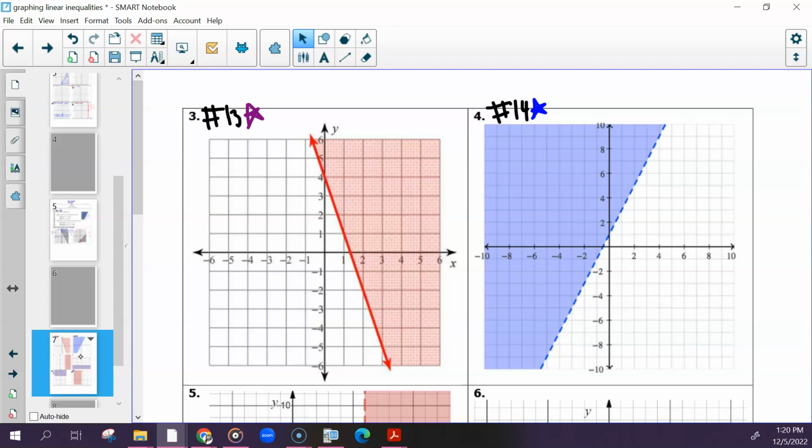If not, I'm going to show you something in your calculator so you can check yourself. So if you don't have that, go grab it. We can do that real fast.